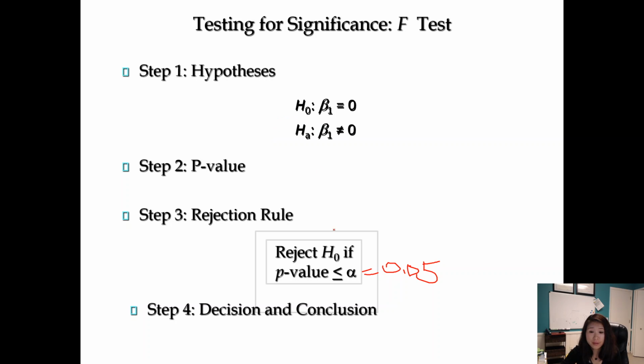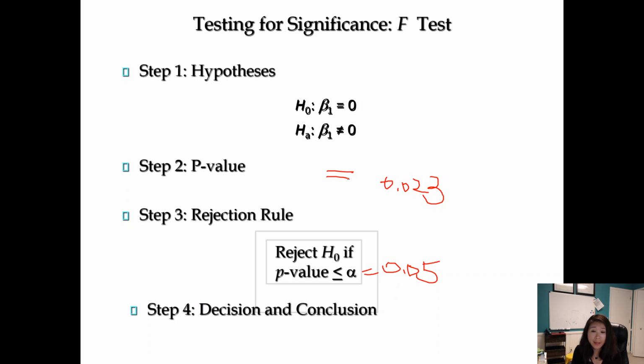Let's say you find the p-value on Excel equal to 0.023. Will you reject H null? Yes, you're going to reject, because 0.023 is smaller than 0.05. You're going to reject H0.